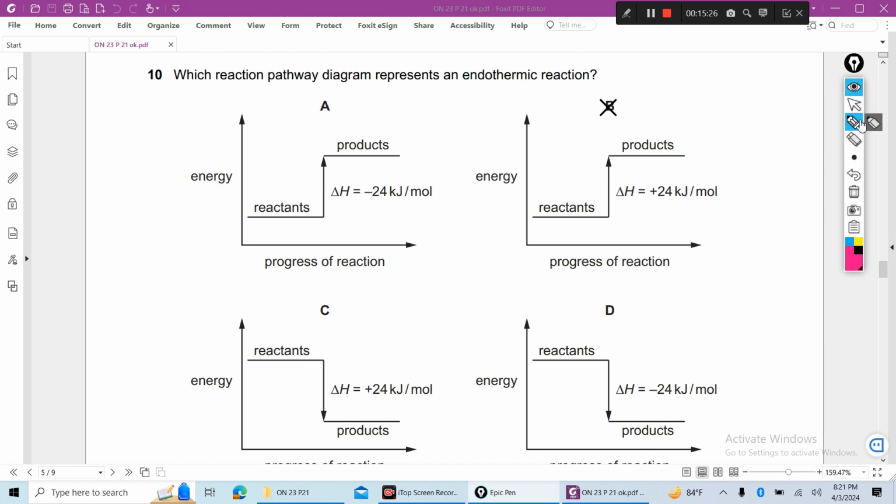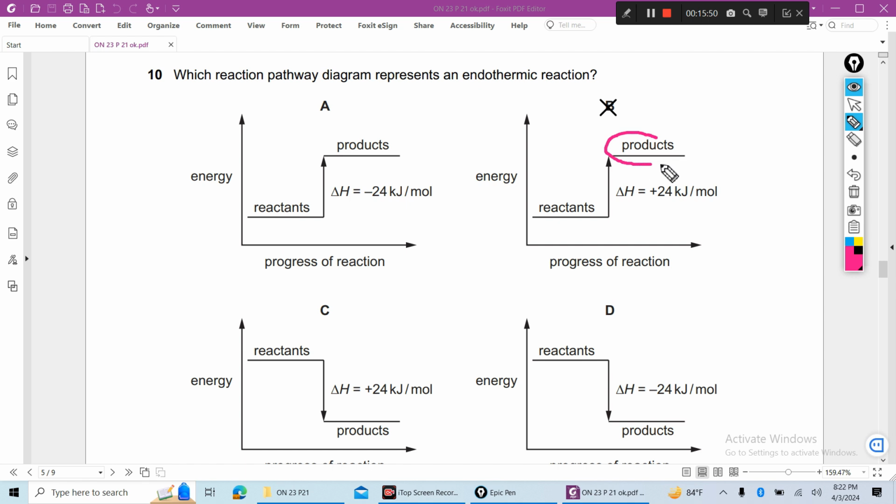Number 10, which reaction pathway diagram represents an endothermic reaction? Endothermic reaction, you know, this answer is B. Why? Reactants have less energy, product has more energy. So this is the endothermic reaction.